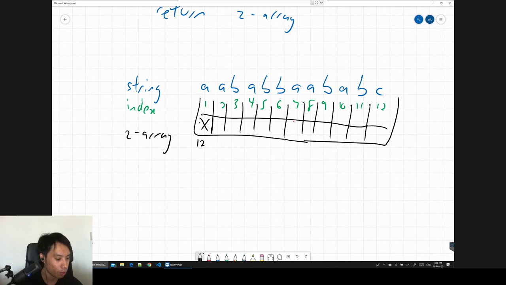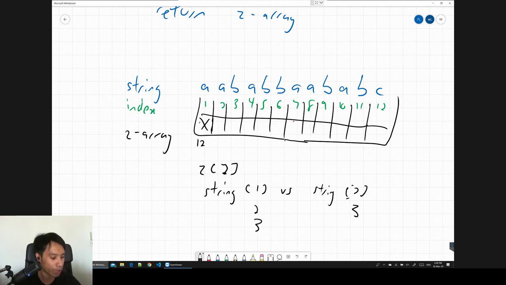Next, we try to figure out our second value, Z2. You're going to be comparing the string at 1 versus the string at 2. If it is a match, you compare the string at 2 with the string at 3. If it is a match, you compare the string at 3 with the string at 4.